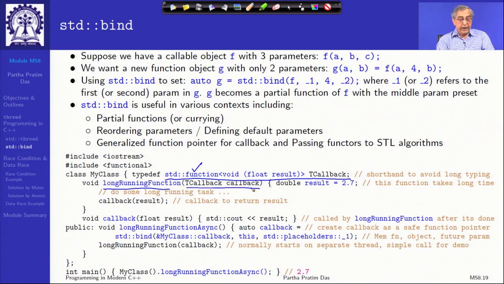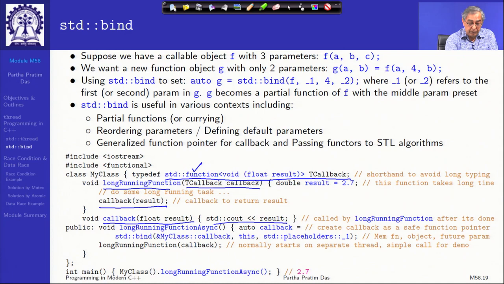So, you set another callback function, which will be called when this function has completed its task. So, callback(float result), which says this is the result.